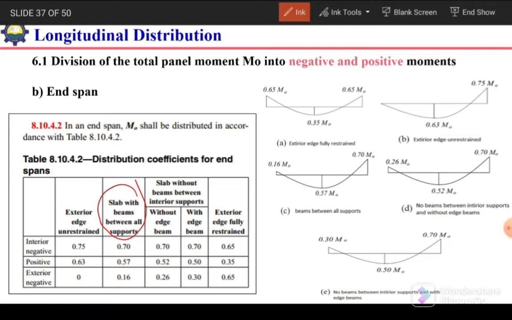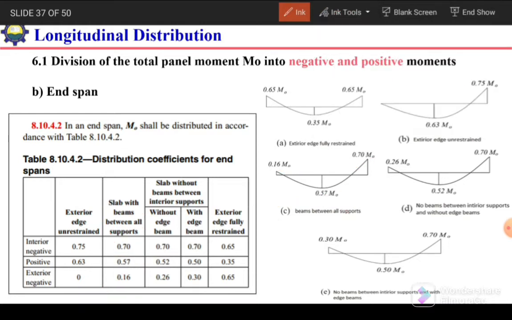So if the beams exist between all supports, interior as well as exterior, in that case the interior negative moment will be 0.7, positive moment will be 0.57 and exterior negative moment will be 0.16. This one will be the case. 0.16, 0.57 and 0.70 M0. So this will be the distribution of static moment.